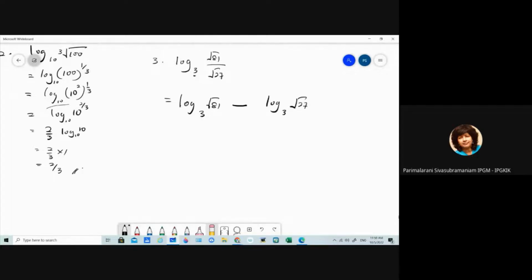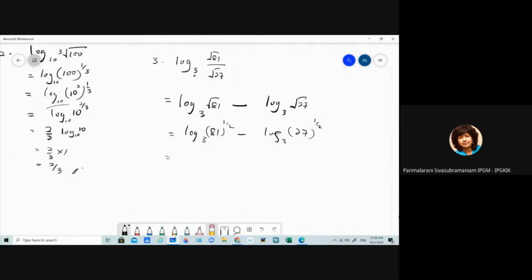This can also be rewritten as log 81 to the power of half minus log 27 to the power of half. Square root becomes to the power of half.